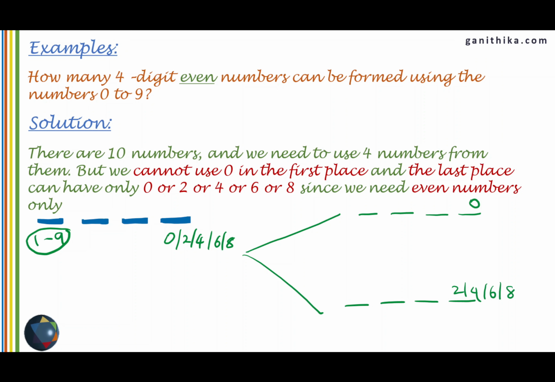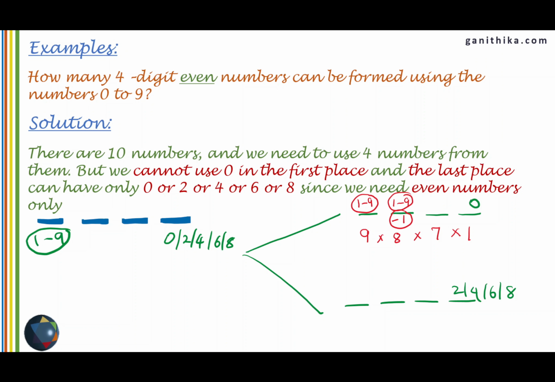In this, again, you have to split it into 2 cases. One case with 0 as the last number, the other case as either of 2 or 4 or 6 or 8. When you split it like this, you will understand why we are splitting this, because the first digit cannot be 0, right? The first digit can be only 1 to 9, and we have already chosen 0 for the last digit. Therefore, the second digit also can be only up to 1 to 9.